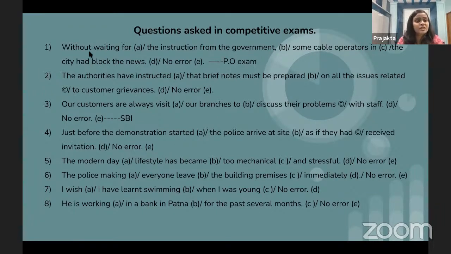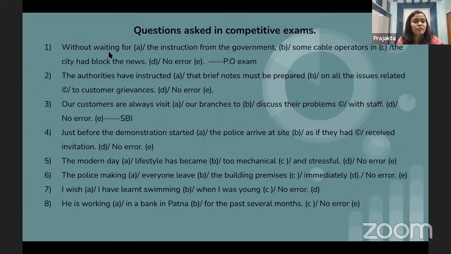See this first example. They won't give you a direct sentence, and they will never ask you what the form of the tense is. This type of question is never asked in competitive exams. This is an example asked in previous exams.